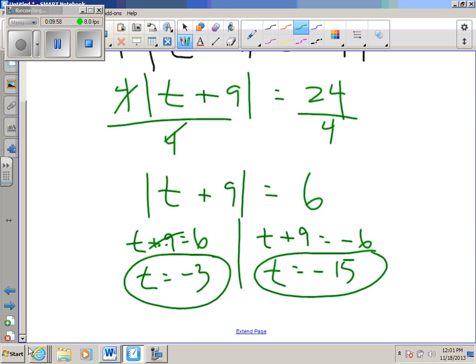Subtract 9 from an already negative 6 puts you at negative 15. Wait, should you say 9 minus 6? Subtract 9 from an already negative 6. If I'm at negative 6 and I go 9 places to the left. What about this side?